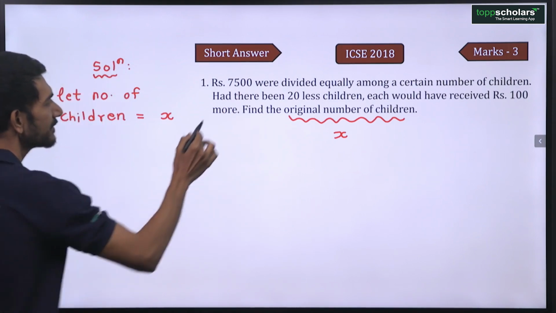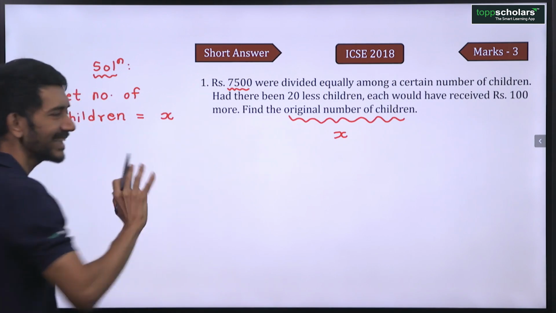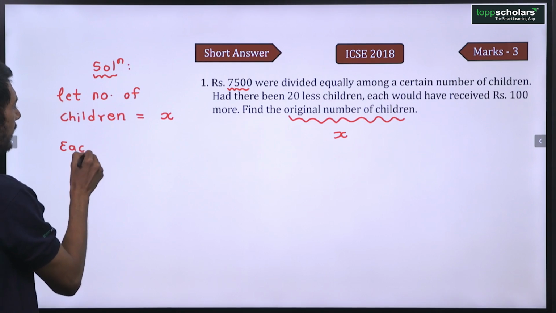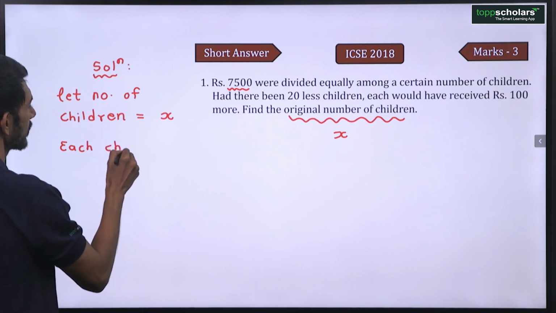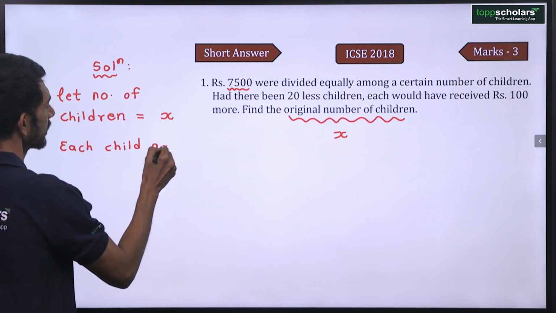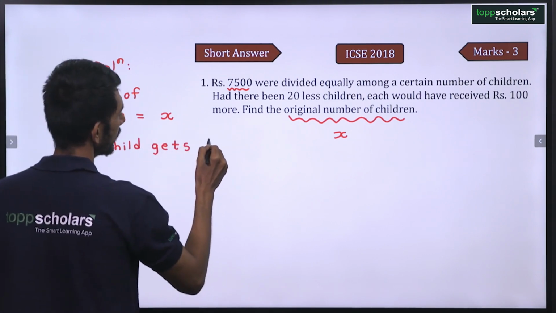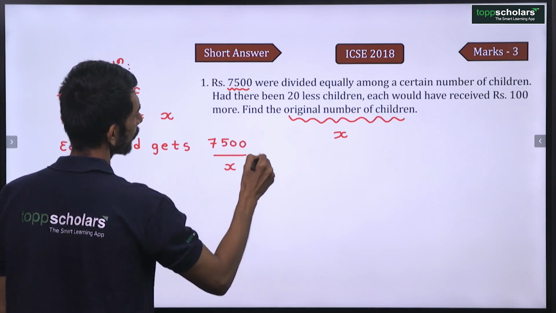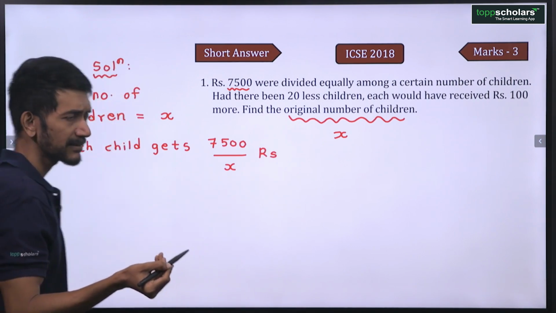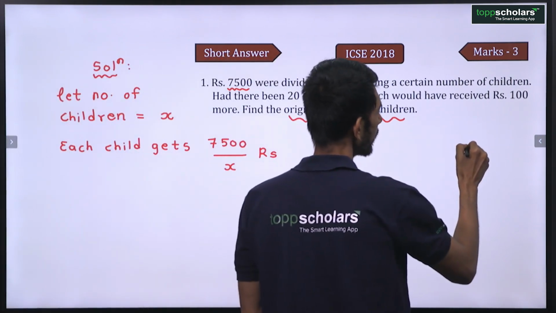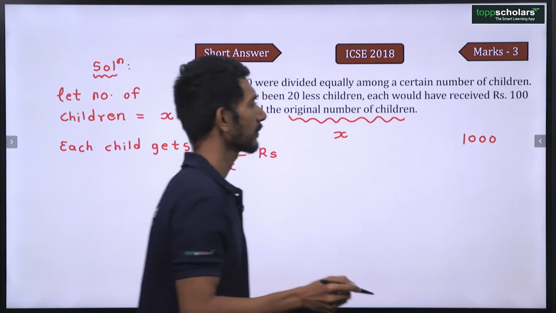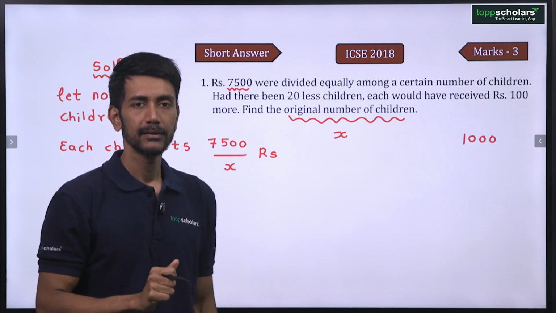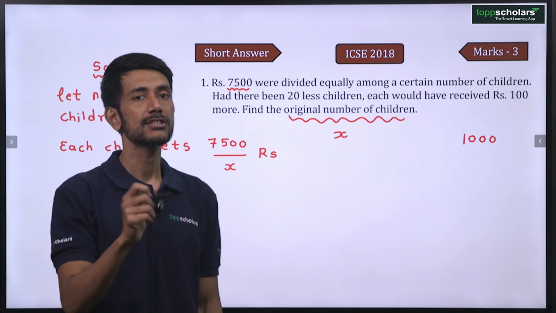So tell me one thing, if 7,500 rupees is divided equally among x children, can I say each child gets 7,500 divided by x rupees? It's very simple, isn't it? If I tell you that I have 1,000 rupees, and I want to give it to 10 children. So how much amount will each child get?